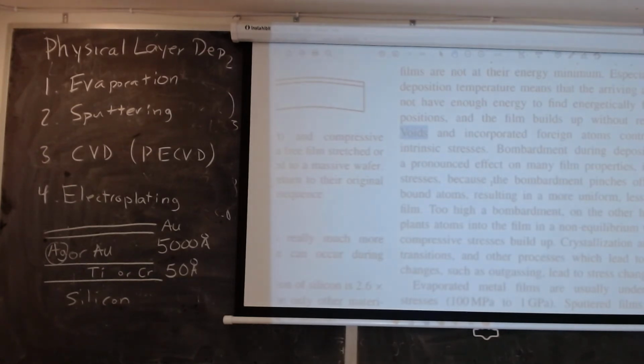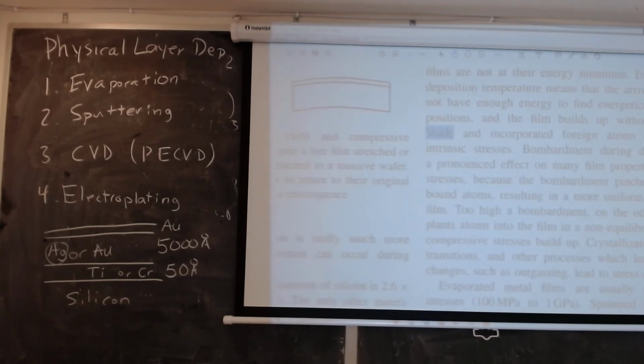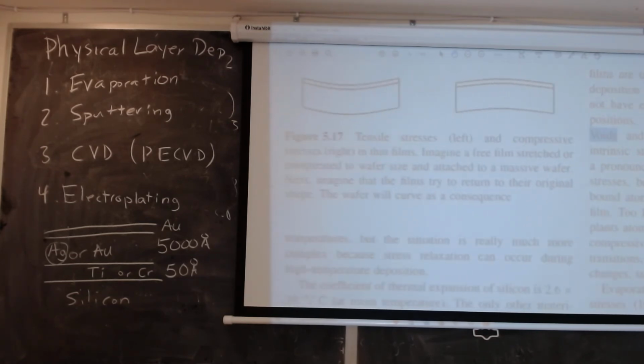And so the incorporation of voids will result naturally in tensile stress, and what he says here is true. Evaporated metal films are typically under tensile stress, and this is what you usually get with a metal film.